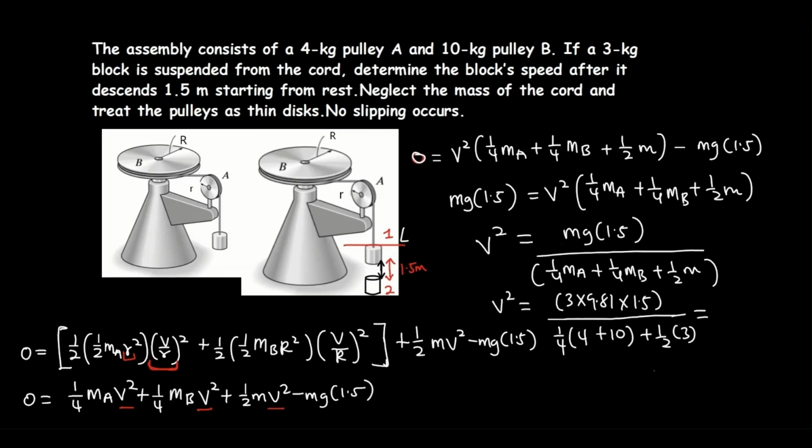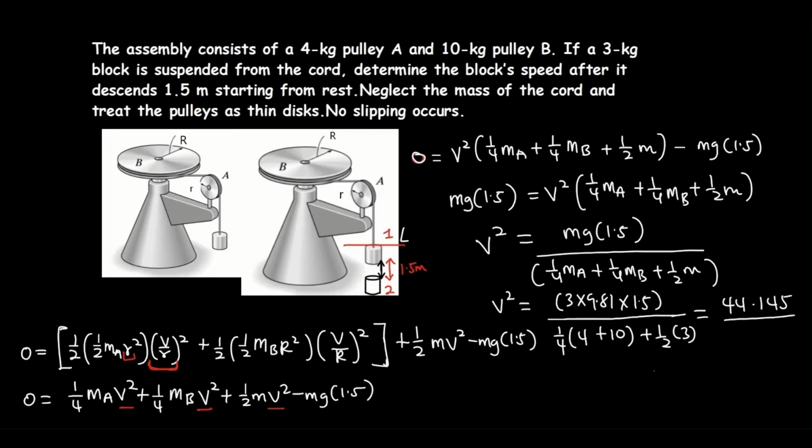Now let's simplify what we have. I'll punch the value on top into the calculator. 3 times 9.81 times 1.5 gave me a value of 44.145.